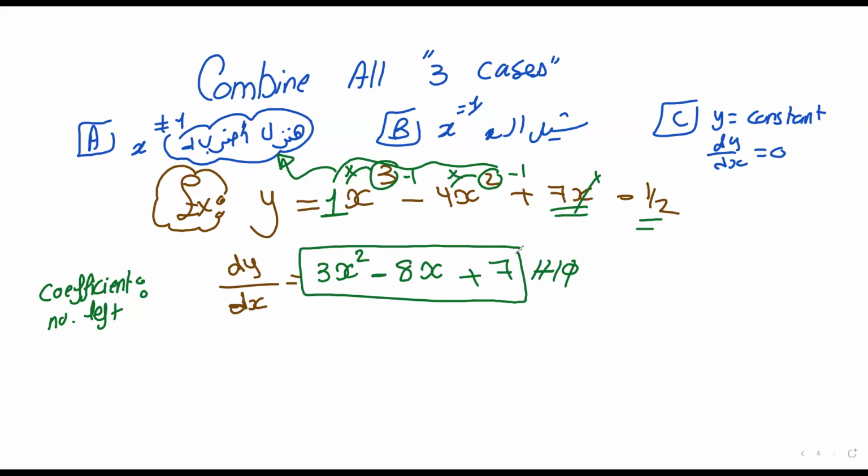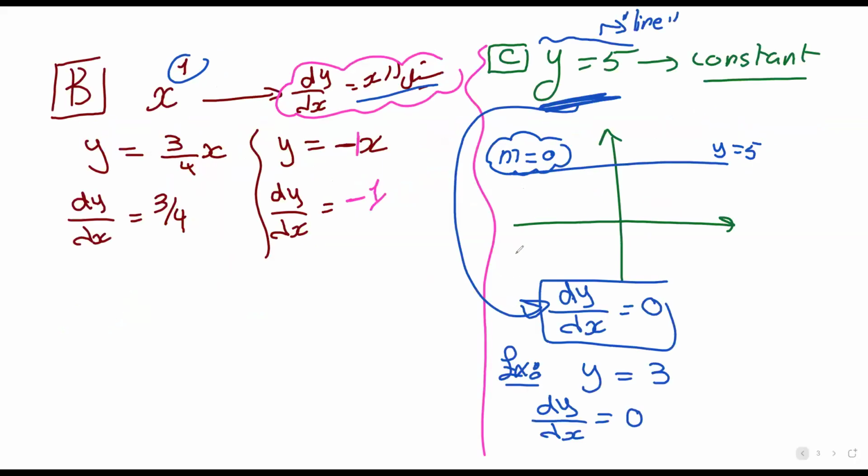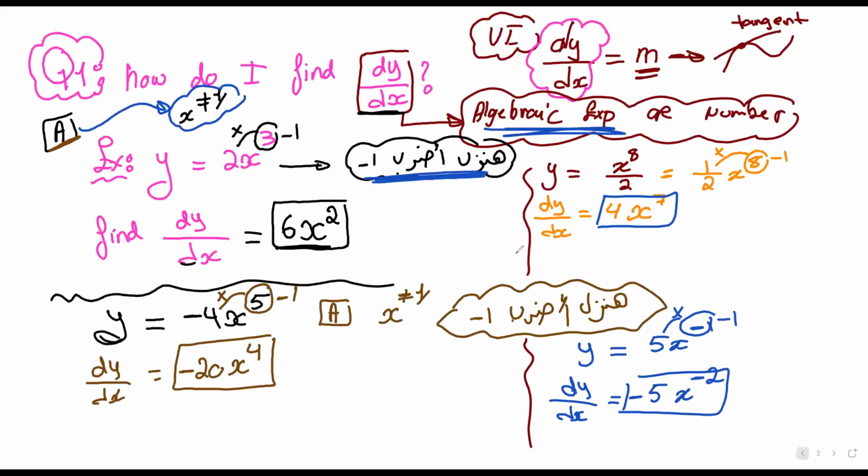So this is the first question of the day: how do I differentiate? And this is what we discussed now. Before we go into the notes and solve, let's move on now to question number 2: why do I differentiate?